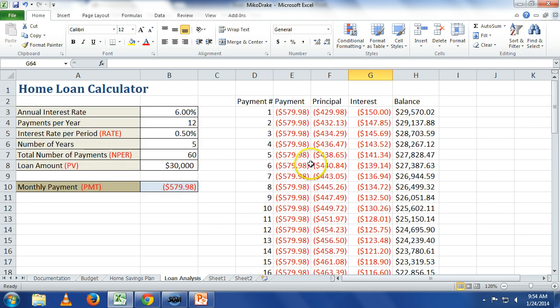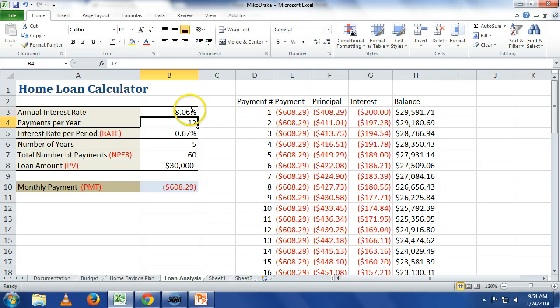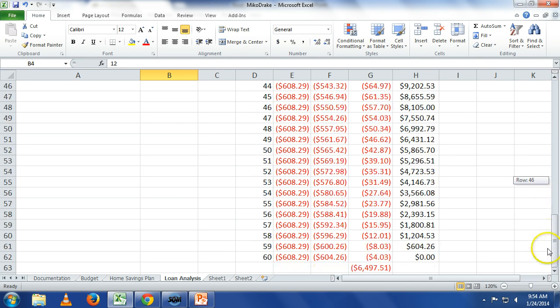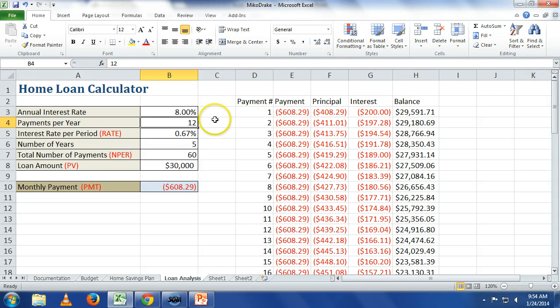If I take this rate and go up 8%, that interest I pay back is going to go up to $6,500. It doesn't sound like much, 2 percentage points, but that's almost another $1,500.